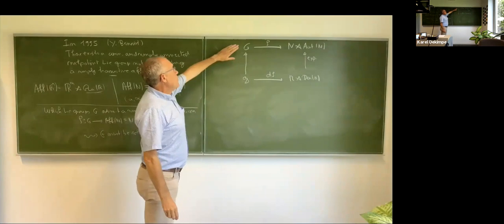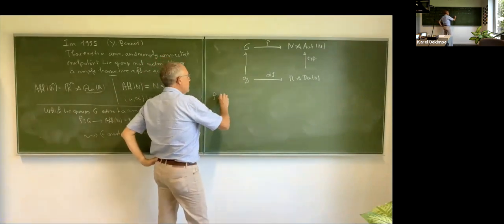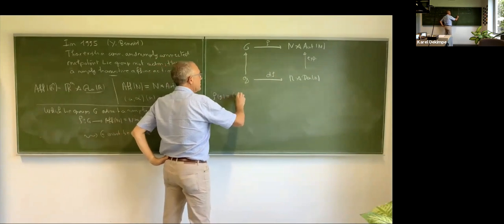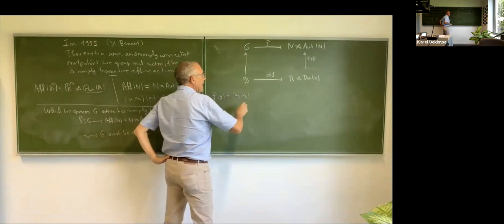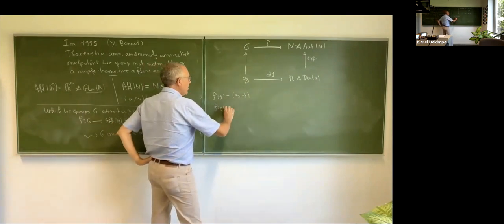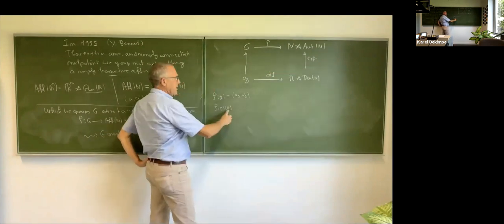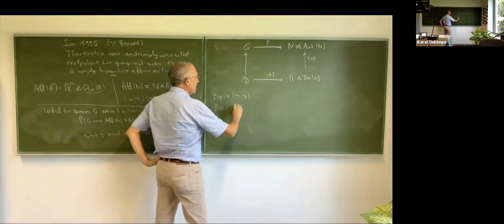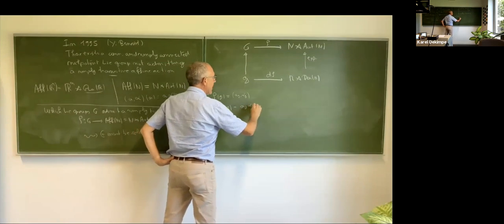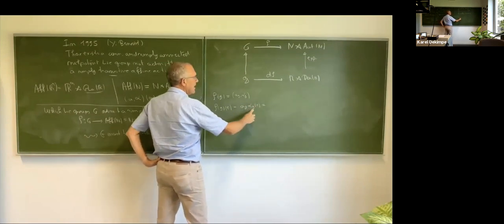And now, when rho is simply transitive, this means if you look at rho of g, and we write it as small a of g, alpha of g, and we apply rho of g onto the identity element of n, that we denote by e or by 1, this is a of g, alpha of g applied to the identity element.